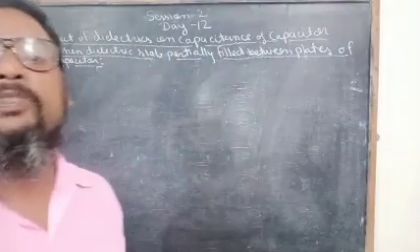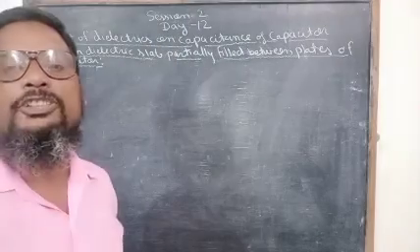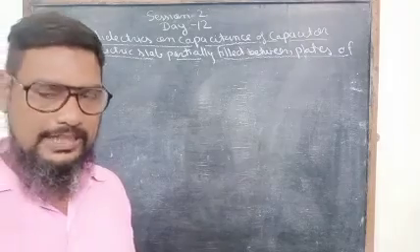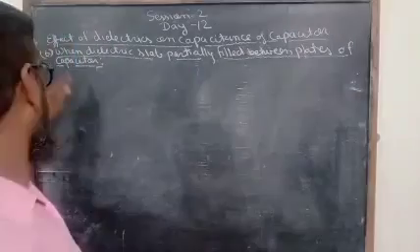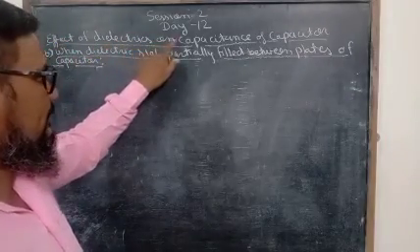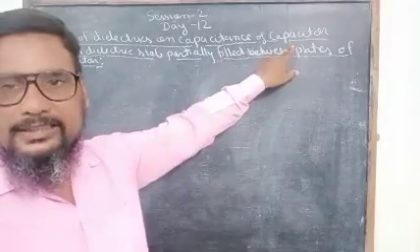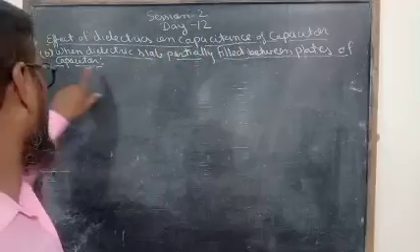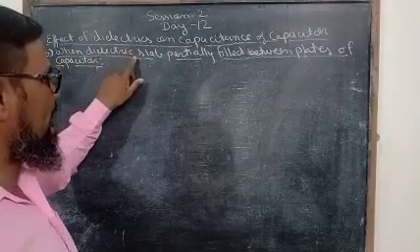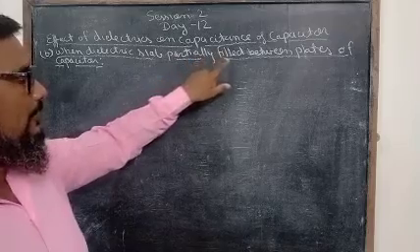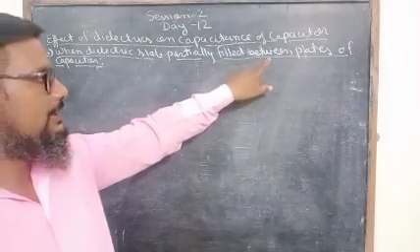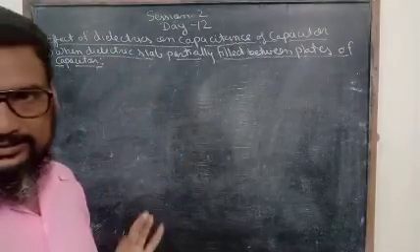Hello, this is my 12th lecture, and today we shall discuss the effect of dielectrics on the capacitance of a capacitor, and its second case is when a dielectric slab partially fills the space between the plates of the capacitor.